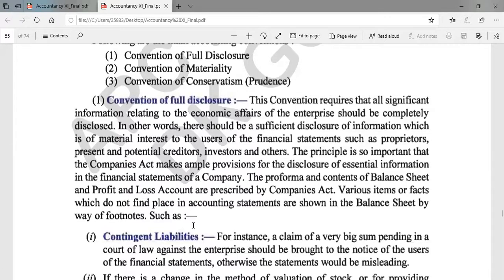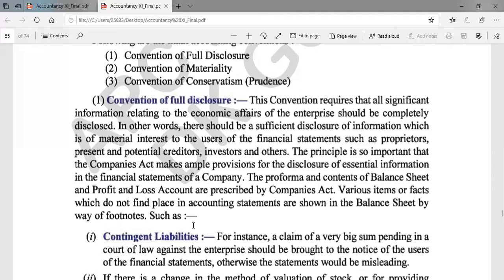And the moment you record it, that means it is going to be classified in the ledger, then it is going to be treated in the trial balance, and then the final account is going to be prepared using that same trial balance. So in full disclosure, the result will come including all your transactions, right?